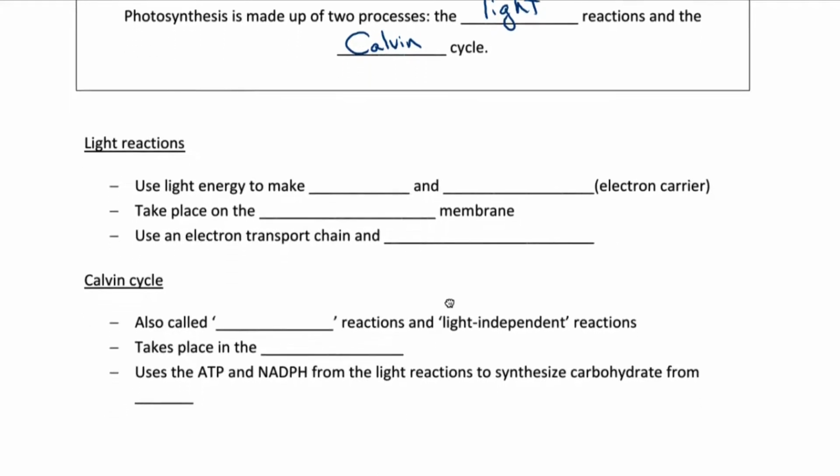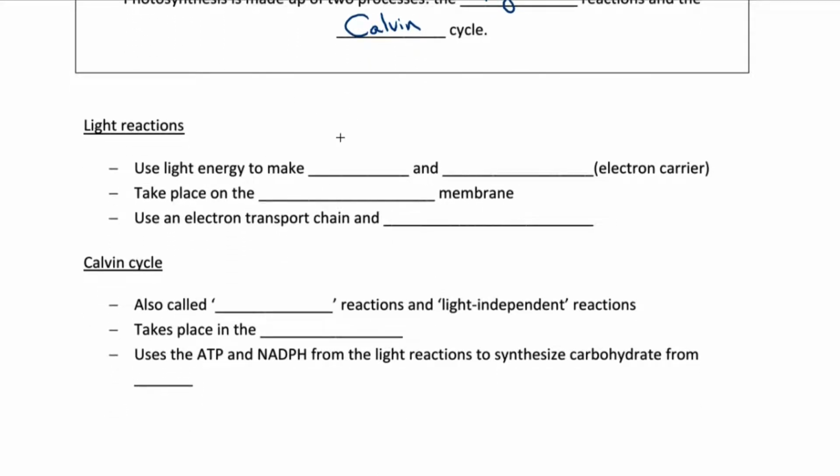The light reactions use light energy to make ATP, our familiar energy currency, and NADPH. We saw NADH in cellular respiration. This is NADPH. It's a different molecule, but similarly is an electron carrier and is going to carry high energy electrons from the light reaction and donate them into the Calvin cycle.